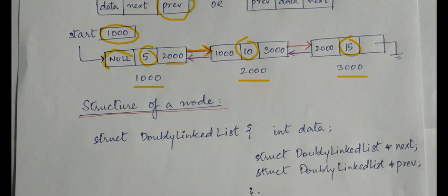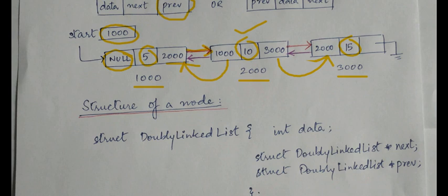But here you see we have a null pointer behind 5, in the sense it tells you that behind 5 there is no node at all. So 5 is your first node, and when you go check the second node 10, you see that 10 has the address 1000, which means it is pointing to the node 5, and it has the address 3000, which means it is pointing to the node 15.